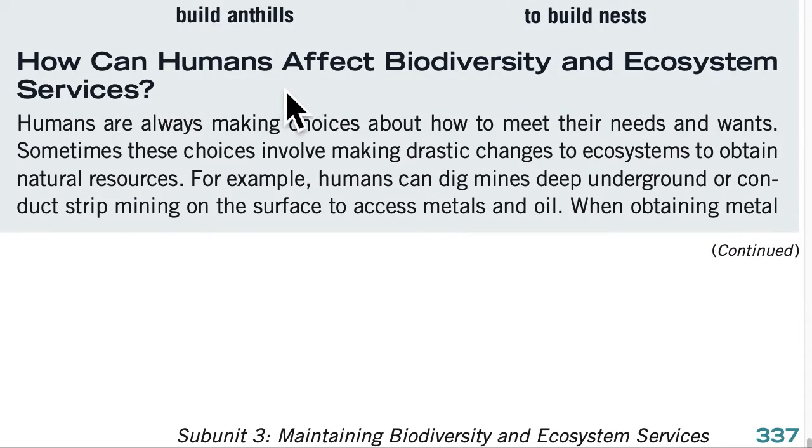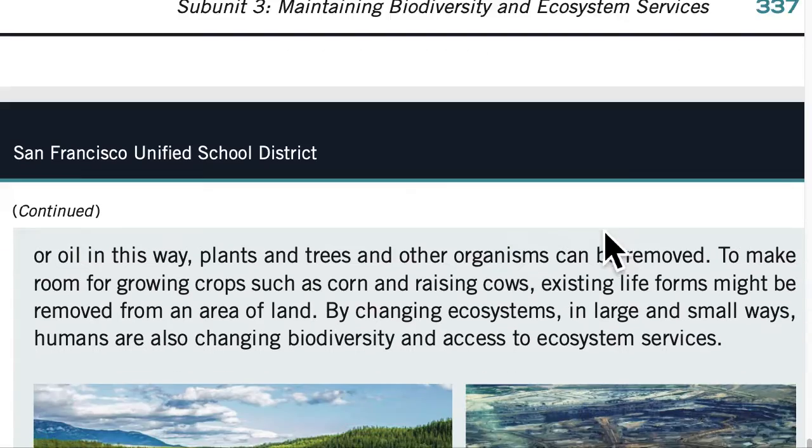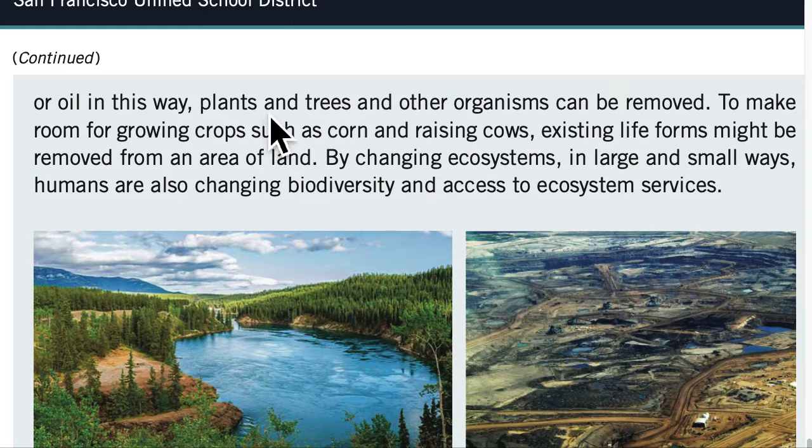How can humans affect biodiversity and ecosystem services? Humans are always making choices about how to meet their needs and wants. Sometimes these choices involve making drastic changes to ecosystems to obtain natural resources. For example, humans can dig mines deep underground or conduct strip mining on the surface to access metals and oil. When obtaining metal or oil in this way, plants and trees and other organisms can be removed.